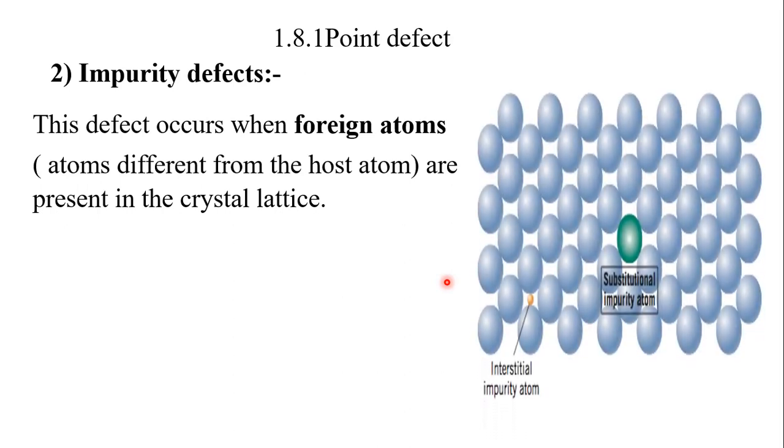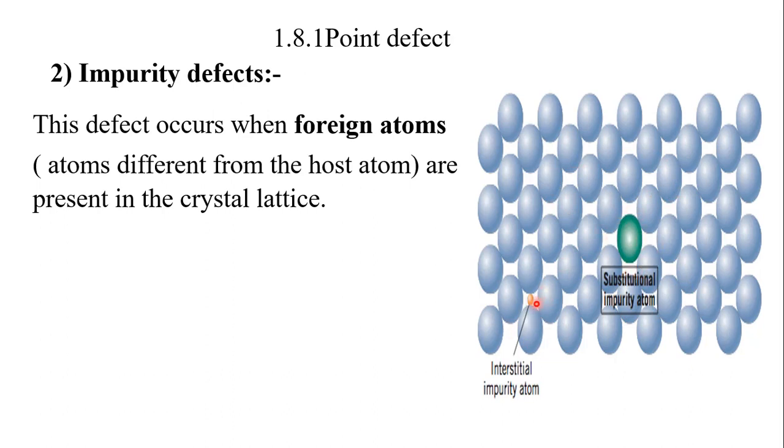Like this, see here. These blue color spheres are the host atoms, and here the green color sphere is different from the host atom. So it is an impurity atom or foreign atom.